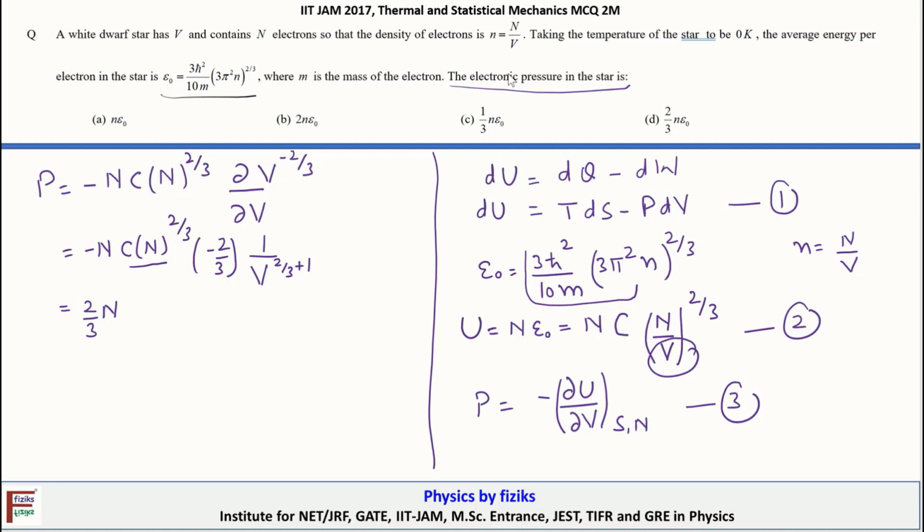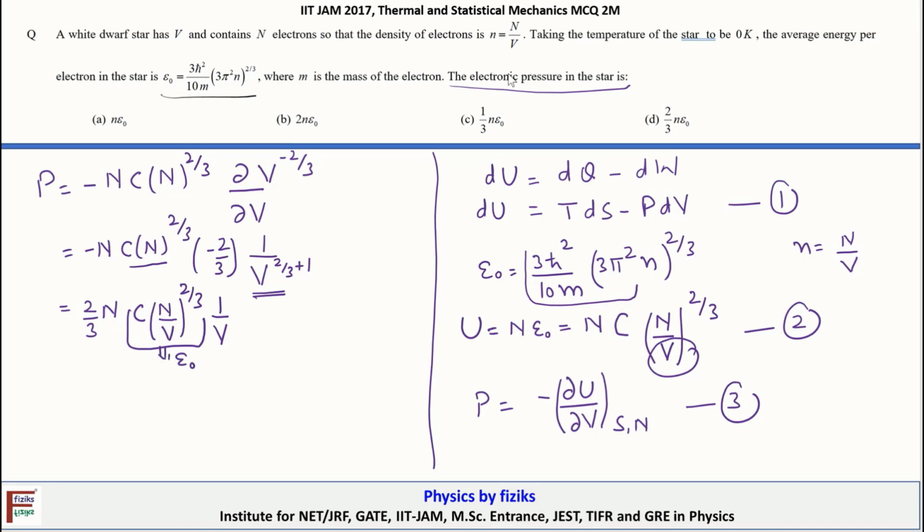Okay, so that is equal to c multiplied by n by b power 2 by 3, and then into 1 by v. So I have separated the volume term into b power 2 by 3 and then multiplied by 1 by v. So this entire expression, this quantity, is equal to E0.